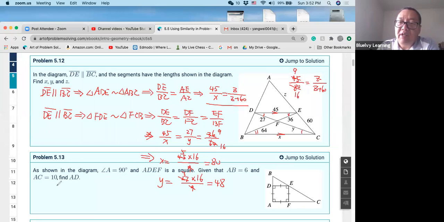Now let me write here. That will be 9 times Z plus 540 equals 16 times Z. Then both sides minus 9Z, we get 7Z equals 540. Then both sides divided by 7. Now let's see.